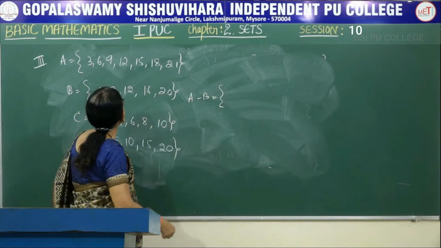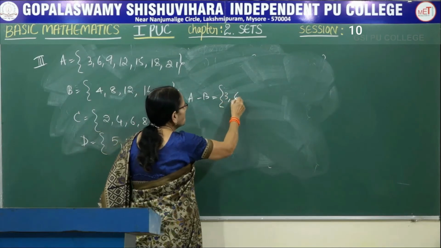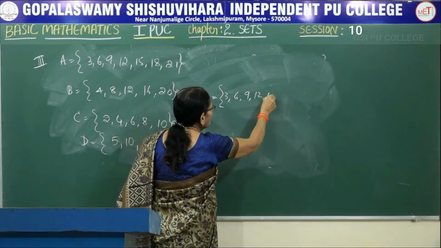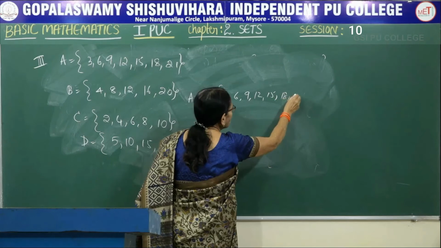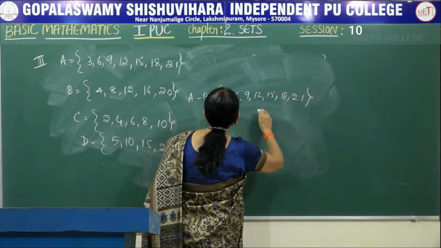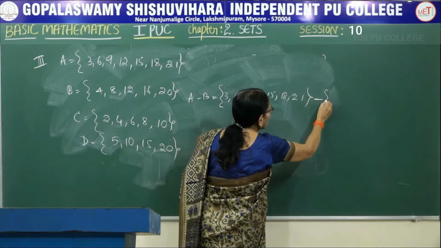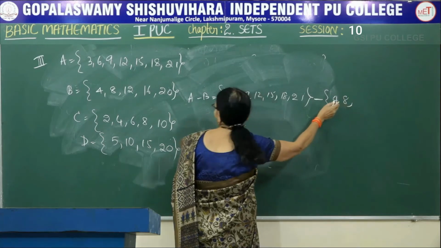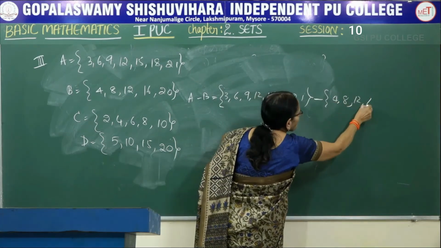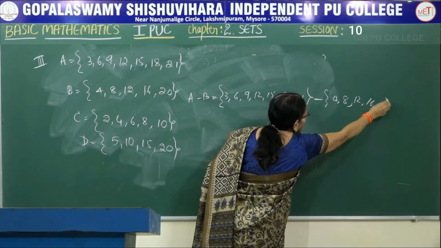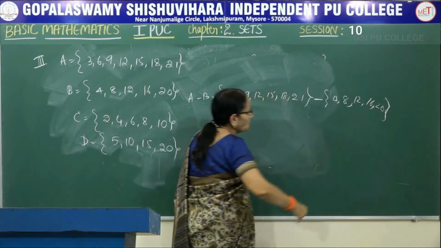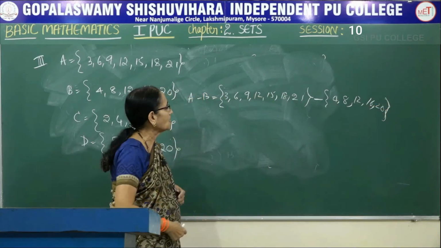Write the elements of A, that is 3, 6, 9, 12, 15, 18 and 21. Now minus, you write 4, 8, 12, 16, 20. Some do it like this. Actually, you can directly write the answer.